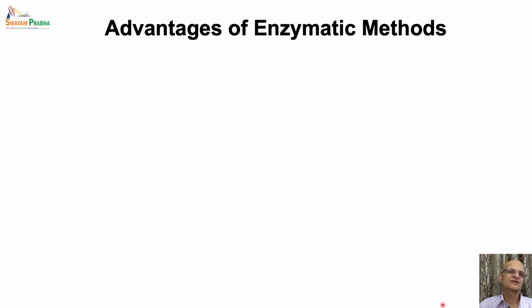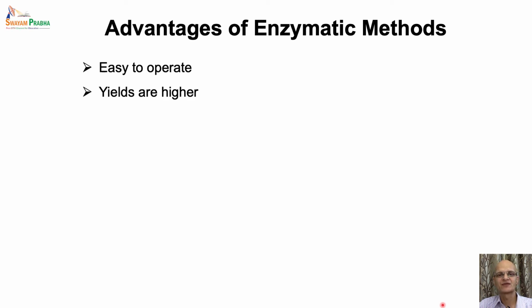The advantages of the enzymatic method. Now, the use of cell wall digesting enzymes for the preparation of protoplasts has made it possible to make large-scale protoplast preparations. Enzymatic methods are easier to execute and do not require any specialized equipment, and yields are much higher as compared to the mechanical methods.